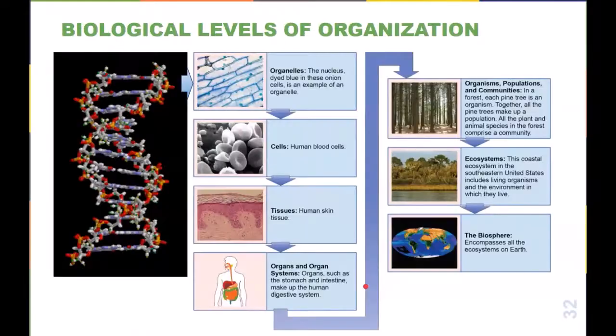All right, so next we'll talk about biological levels of organization, just moving on through here. First level of organization is atom, A-T-O-M. So the first level is atom, that's the smallest thing. So that single little white dot up here, that would be an atom.